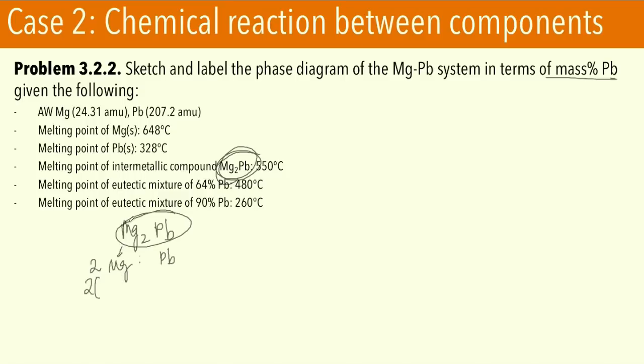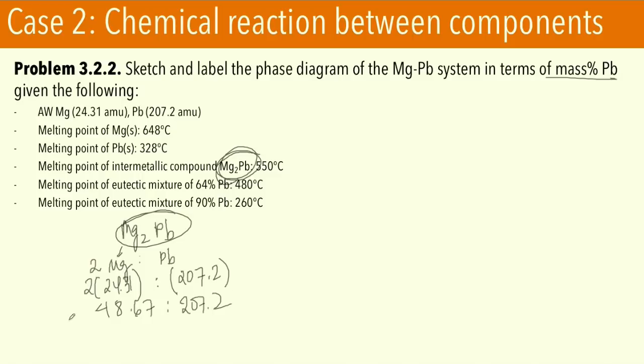Magnesium has an atomic mass of 24.31, and lead is 207.2. So two magnesium gives 48.67, and our lead mass is 207.2.